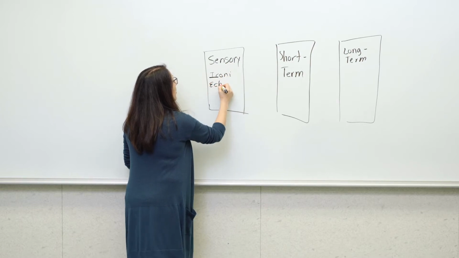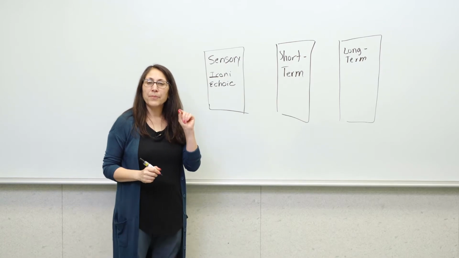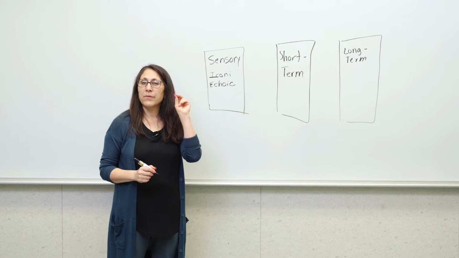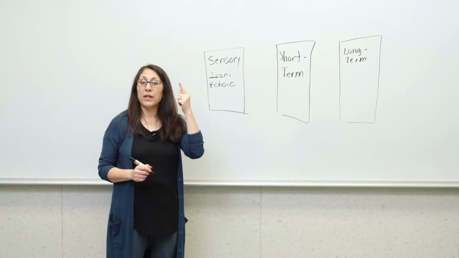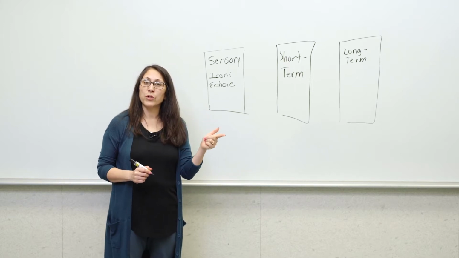Sensory memory has encoding, so we take information in, and it's a very small amount of information. There is no storage. So we have intake, we have encoding, we don't have storage, and we don't have retrieval.